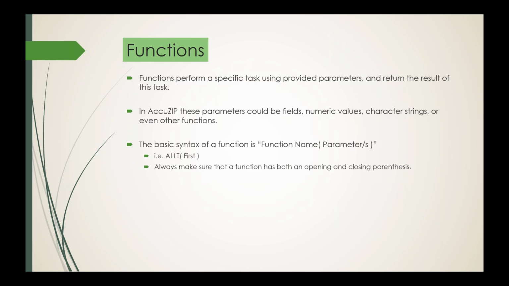So function name, open parenthesis, the parameter, first field, and a close parenthesis. Make sure that any function that you write has both an opening and a closing parenthesis in order to run properly, or else you will get an error when you try to run your command.